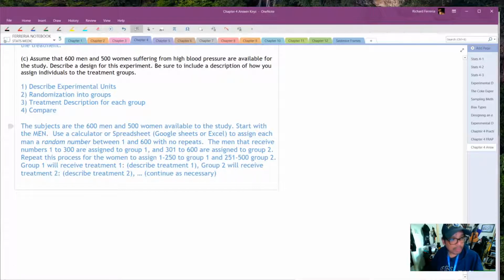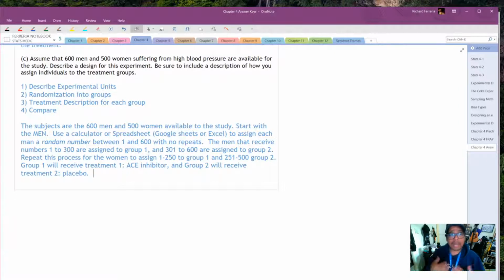Group 1 will receive treatment 1, and treatment 1 is, of course, the ACE inhibitor. And there's only 2 groups, so I'll put the word "and" here. And group 2 will receive treatment 2, which I believe is our placebo. And there are no other treatments, so we'll just stop it here.